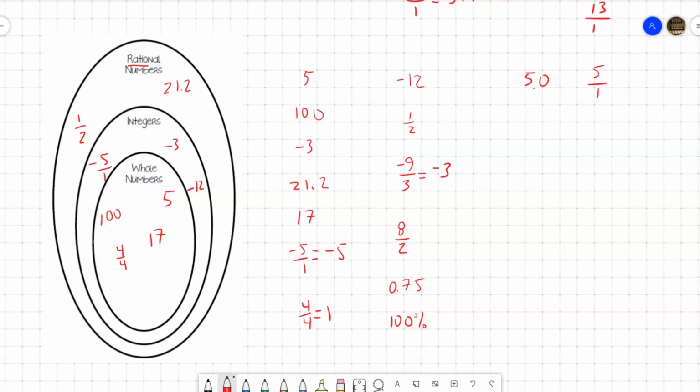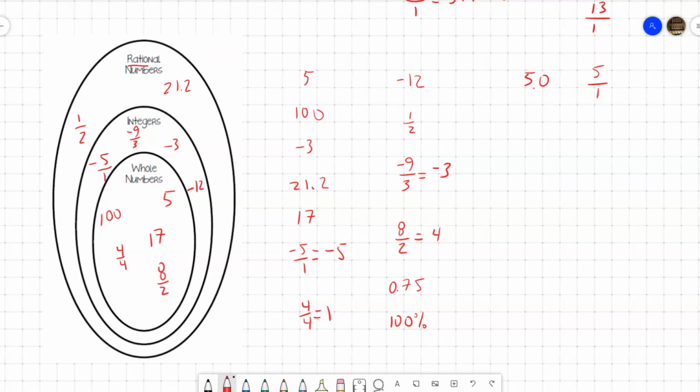So negative 3, oh yeah, I already have one here in integers. So -9/3 is an integer. 8/2. Did you put that one as rational also? I know some of us did, but 8 divided by 2 is simply 4. 4 is a whole number. So 8/2 would be a whole number.